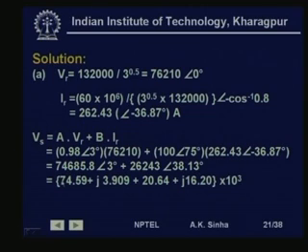Converting these polar coordinate values into rectangular coordinate values, we get 74.59 plus j 3.909 and 20.64 plus j 16.20, and since these are in thousands, we multiply by 10 to the power 3.